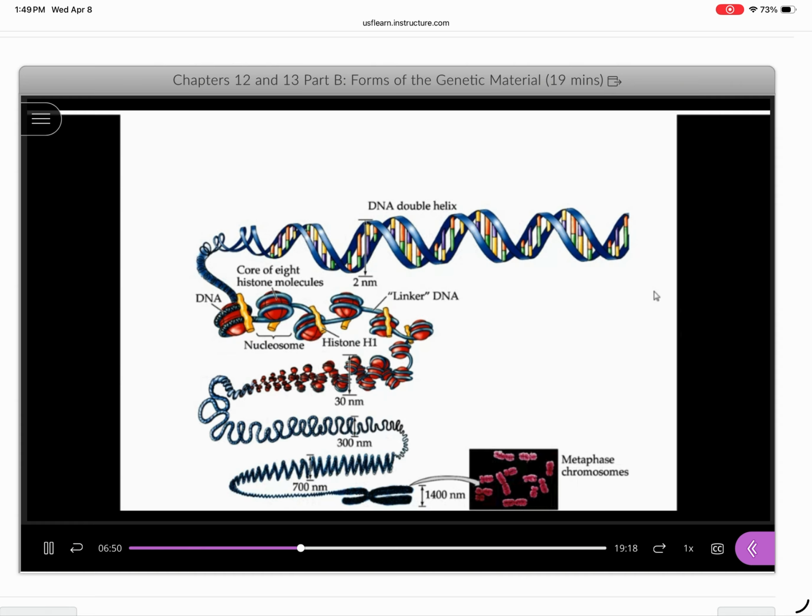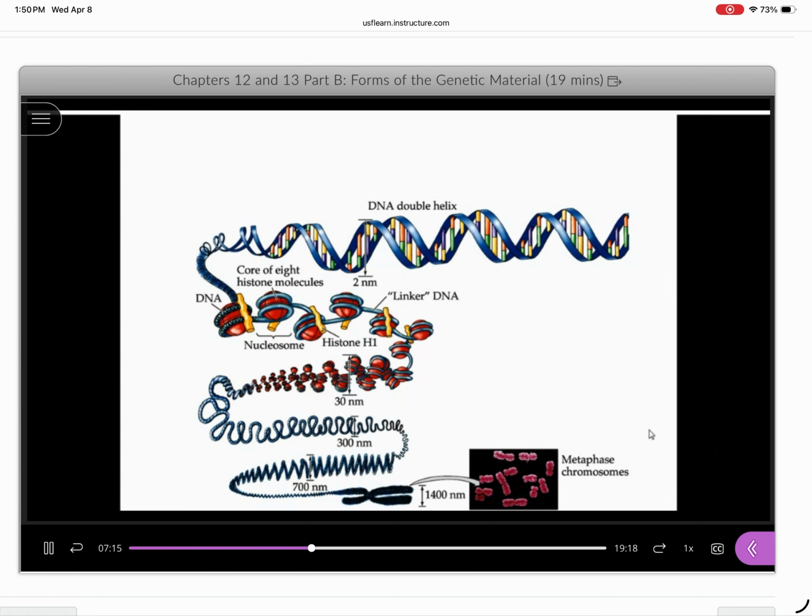So here's an actual photograph, a micrograph of chromosomes, as you've seen before. This figure actually comes from another Bio 1 textbook, but your text has such a figure in chapter 16, figure 21.